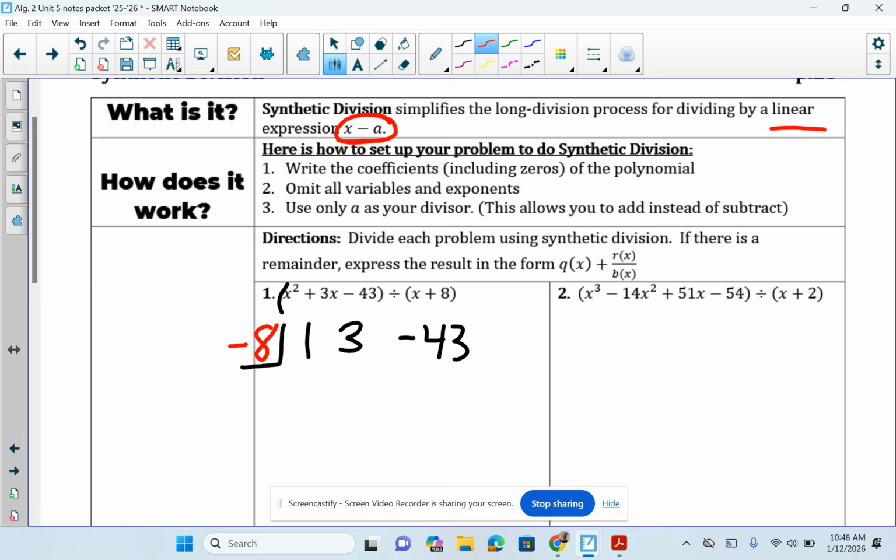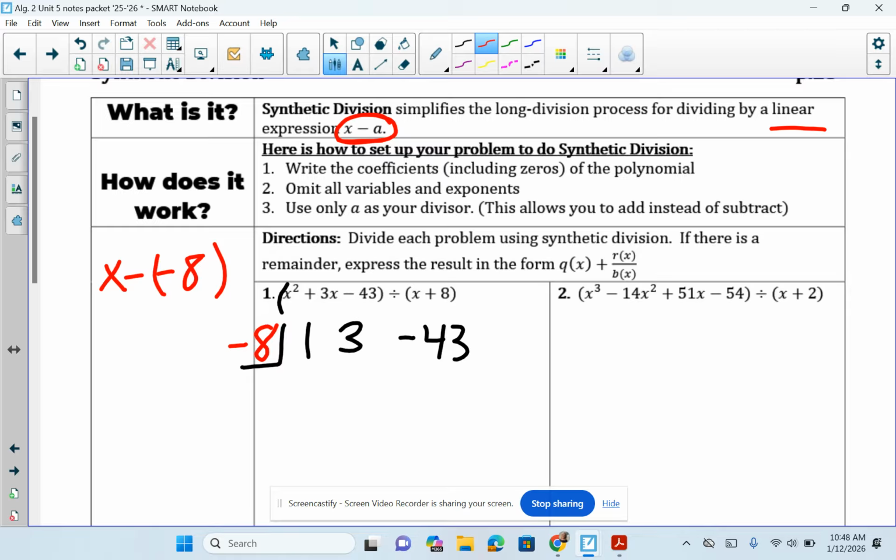Or just tell yourself it's the opposite sign. So I can think of x plus 8 as x minus negative 8. It always has to be x minus and then that number that we are minusing.